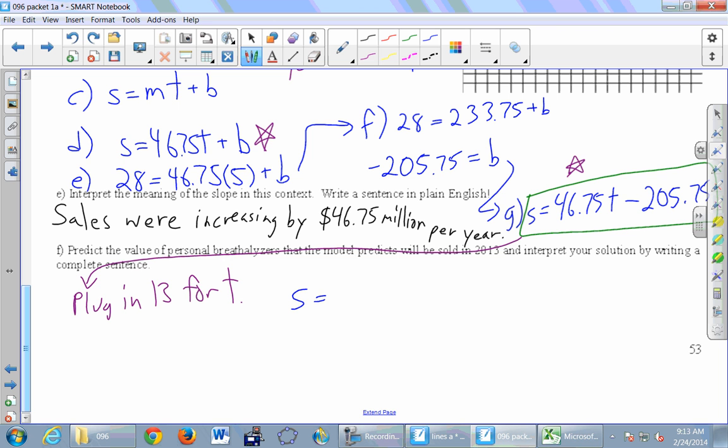Okay, so that means S equals, copy all this, 46.75 times, instead of T, 13, minus this 205. What is it? Was that exact? Anybody else get this? Yep, good.